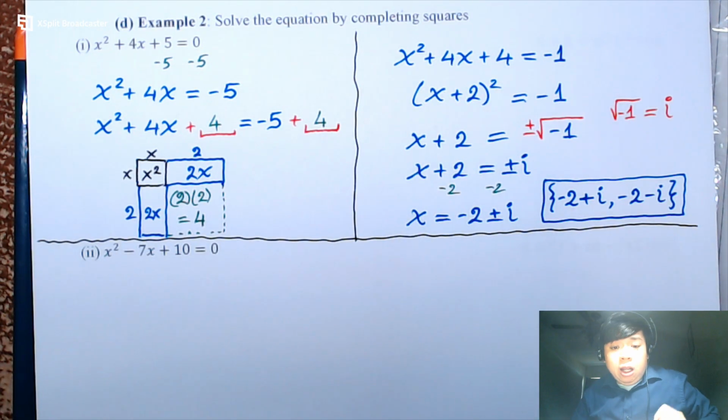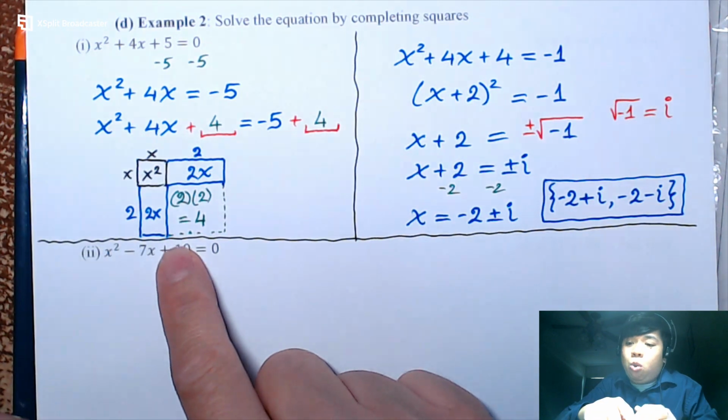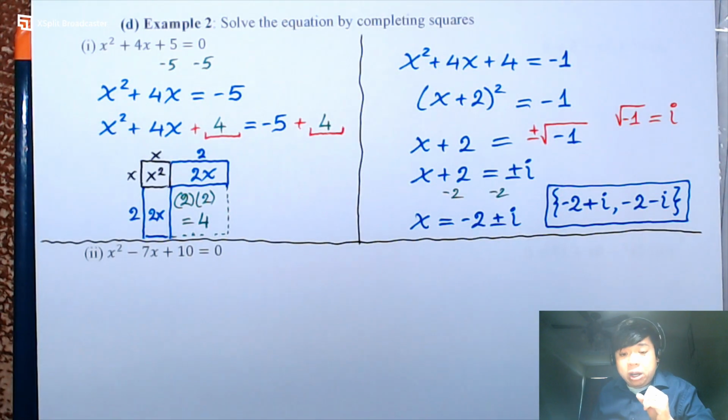Okay, so we only need two terms to complete the square. Once you have the square, use the plus or minus square root to get rid of that square. That's the steps.